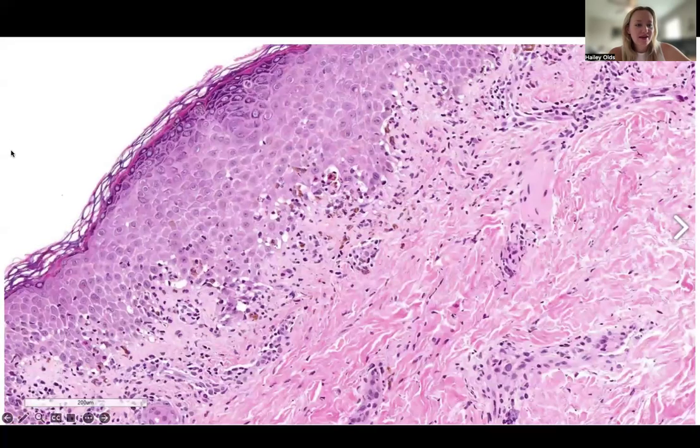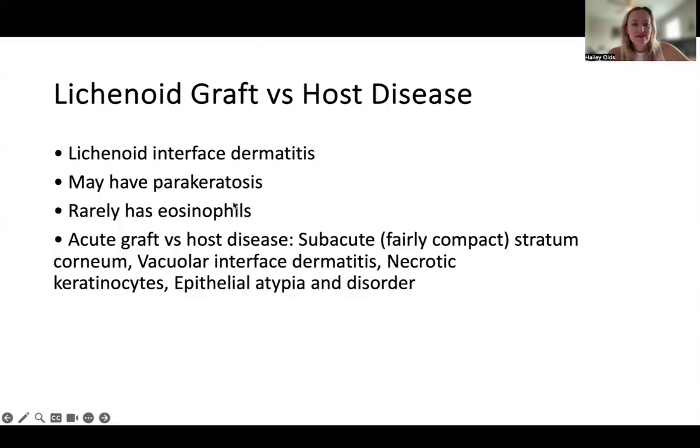Okay, next one. Again, we have a lymphocytic infiltrate, but it's a little bit more sparse. We have a lot of pigment incontinence, we have those apoptotic keratinocytes, and overall it looks a little sclerotic possibly. So this is lichenoid graft versus host disease, and this one also may have parakeratosis or eosinophils. This is more of a chronic graft versus host, which is after the first 100 days after stem cell transplant, versus acute, which is in the first 100 days.